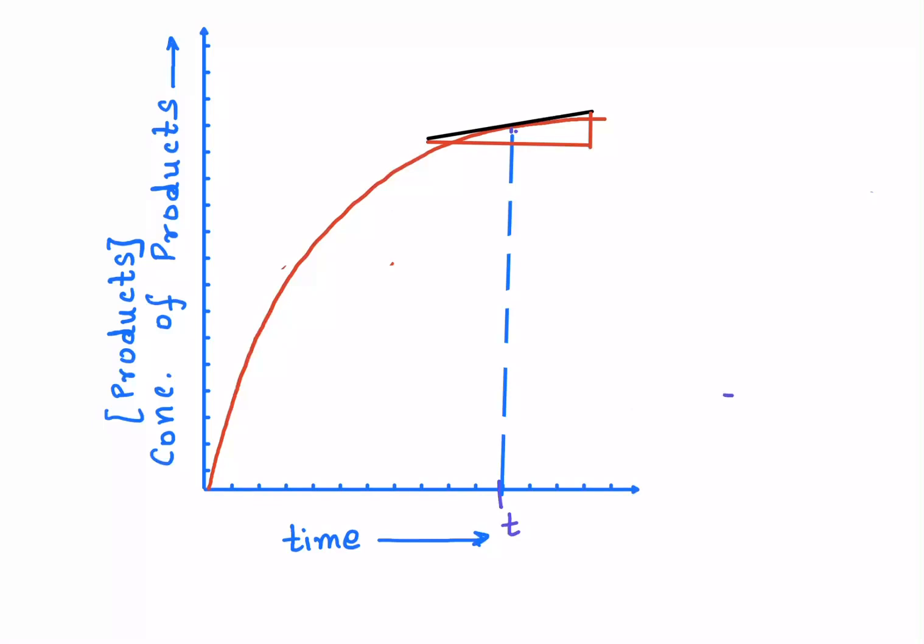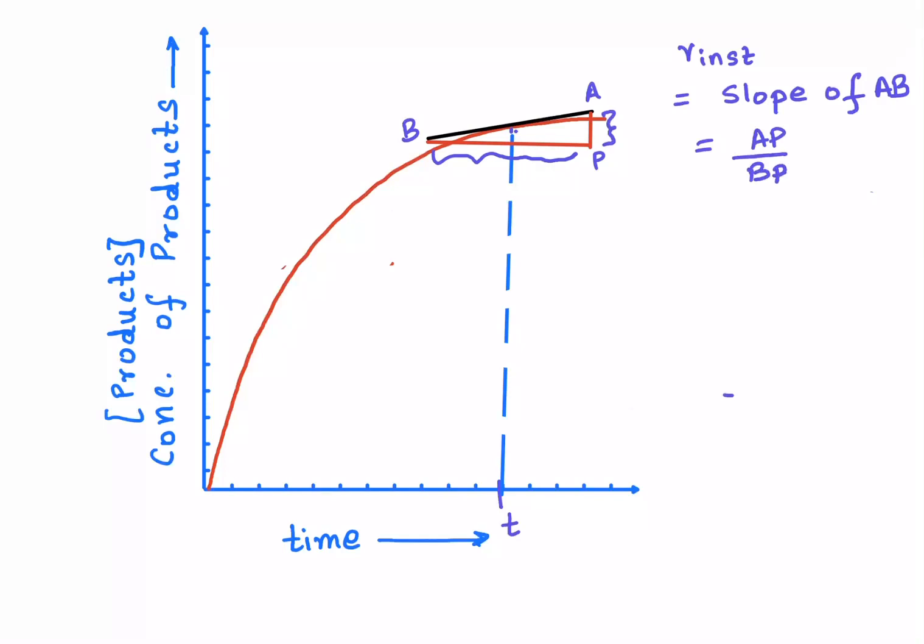We will again do perpendicular divided by the base. So the instantaneous rate of the reaction, let me say the tangent here is AB, will be given by the slope of AB. And how do we determine slope? Perpendicular divided by the base, that is AP upon BP. Right? So this helps us to determine the instantaneous rate.